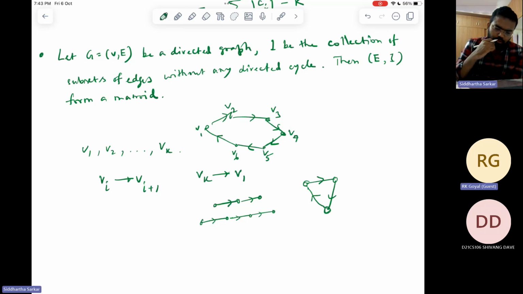A directed cycle has length 3 at least, so it's a directed triangle.